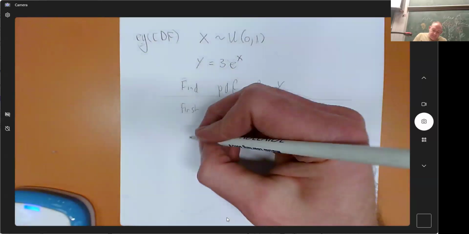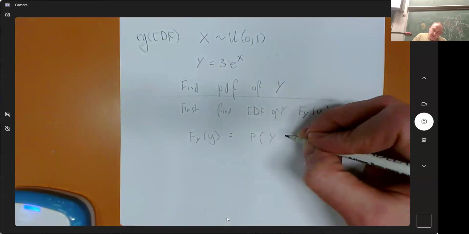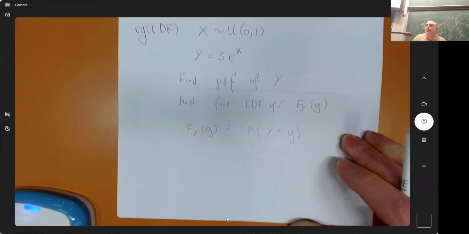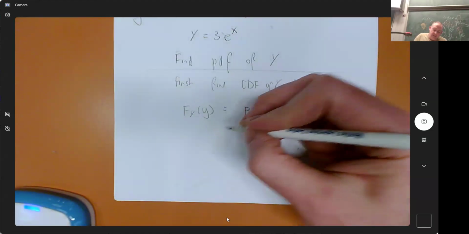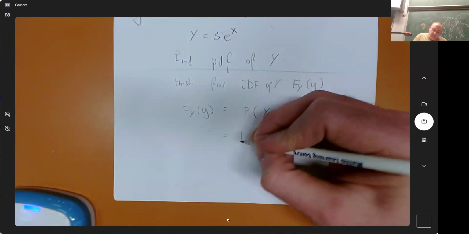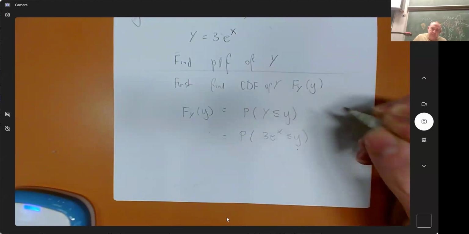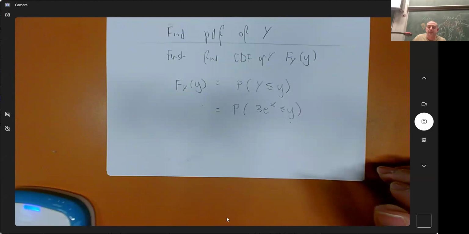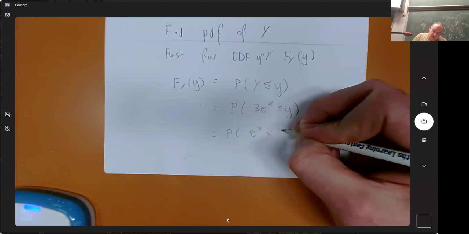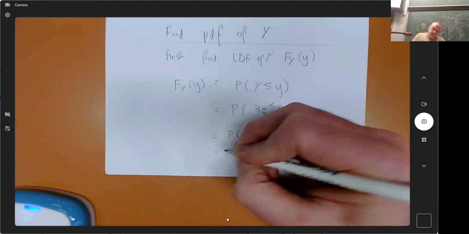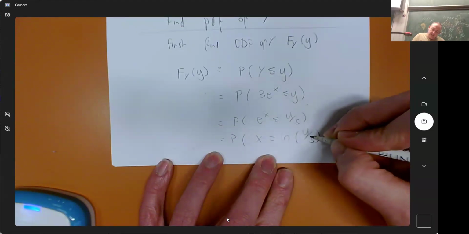So the CDF of Y is the probability that capital Y is less than or equal to little y. That's what the CDF is. And that would be the probability that 3e to the power of X is less than or equal to little y, which is the probability that e to the X is less than or equal to y on 3, which is the probability that X is less than or equal to ln of y on 3.